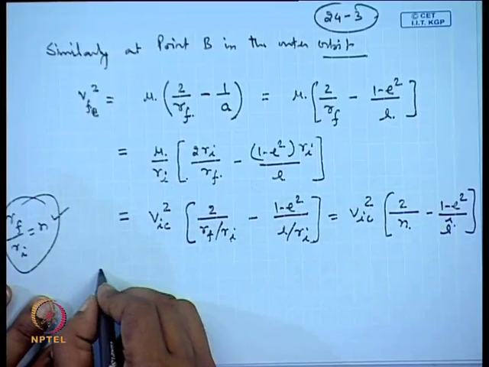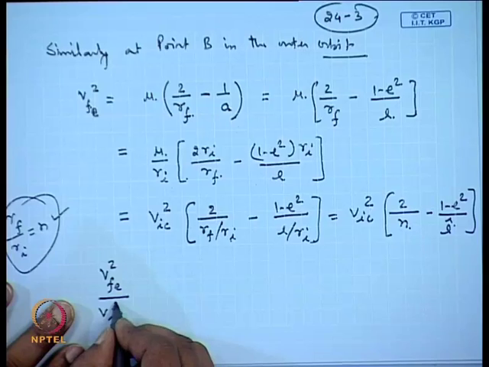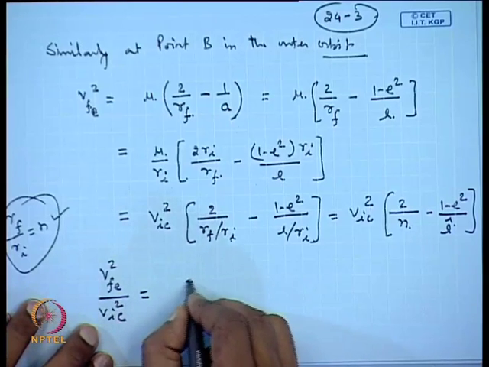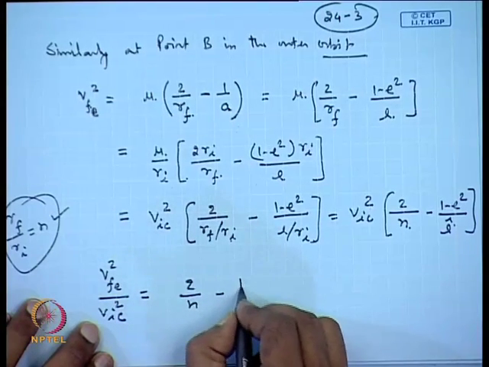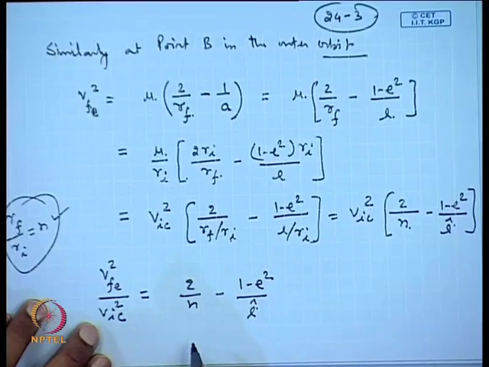Thus V_Fe squared divided by V_Ic squared is equal to 2 by n minus 1 minus e squared L cap.